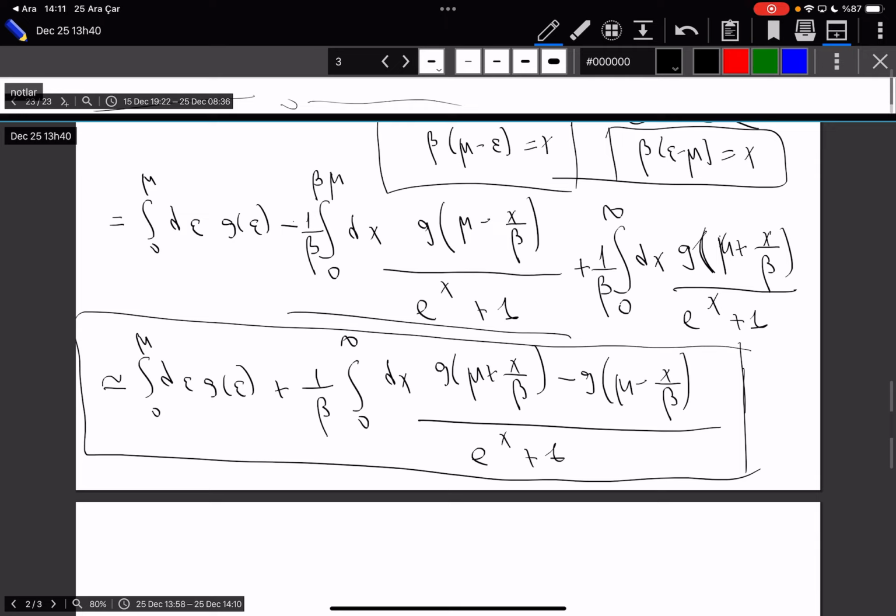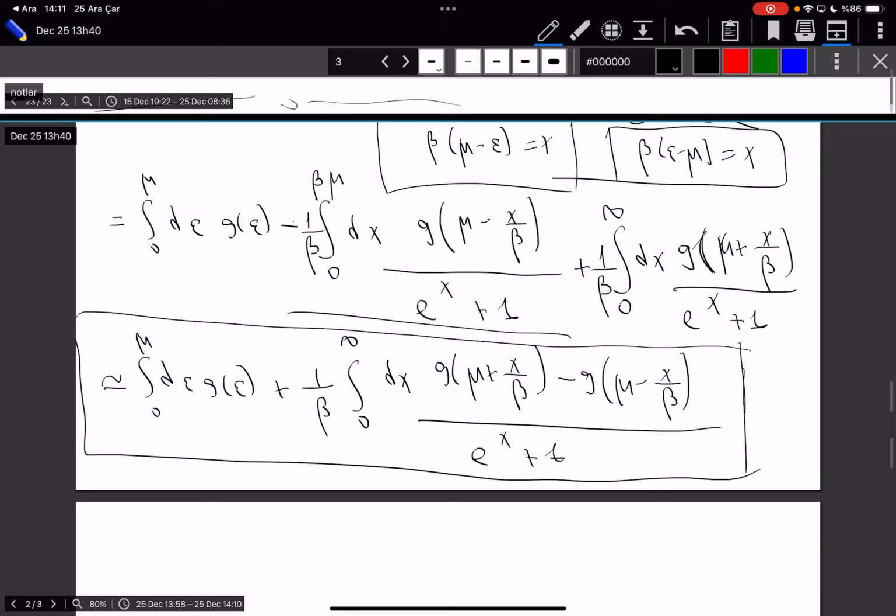Except that maybe we cannot use the Taylor expansion in this case, but I guess the numerator can be Taylor expanded. Taylor expansion of what? Taylor expansion with respect to what? You have to have a small parameter. So beta is a small parameter, I guess. Yeah, beta is a huge parameter, and we know that the contribution to this integral is not from very large values of x.